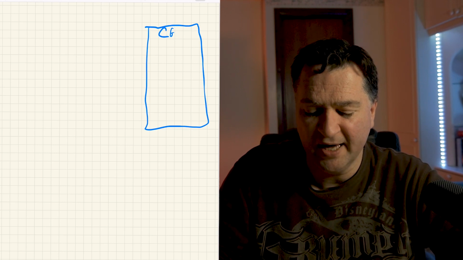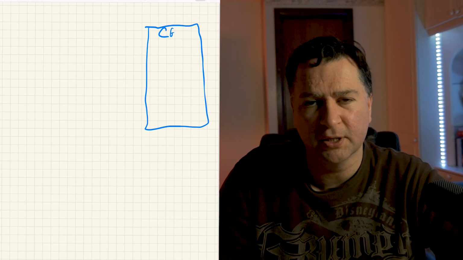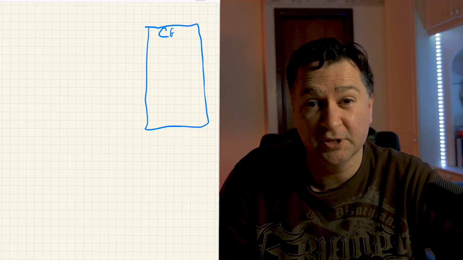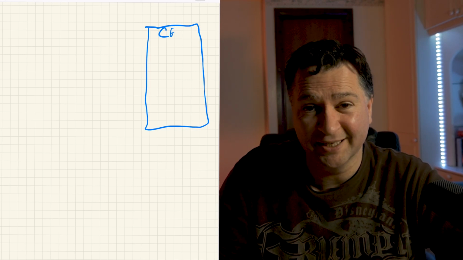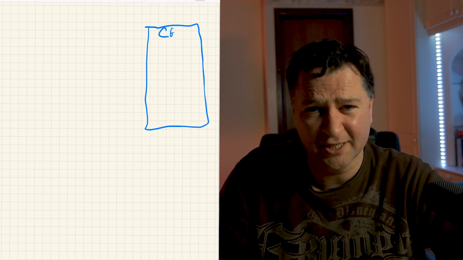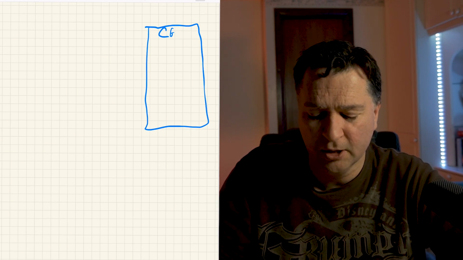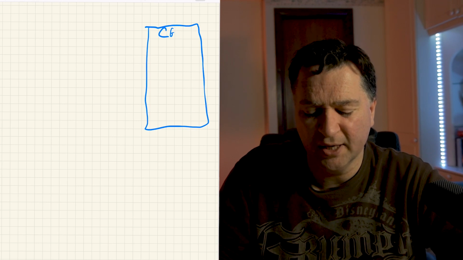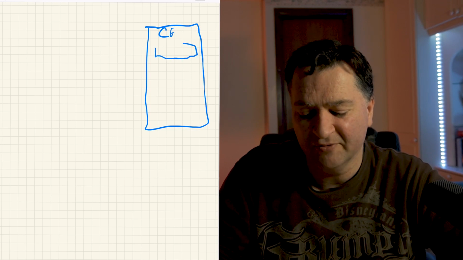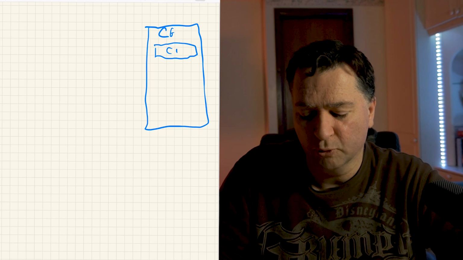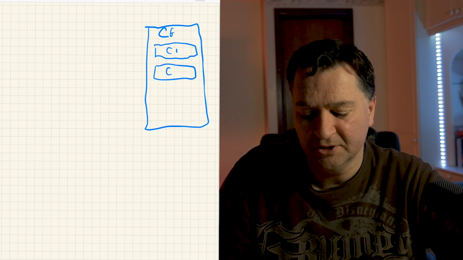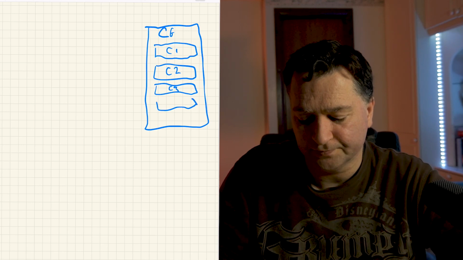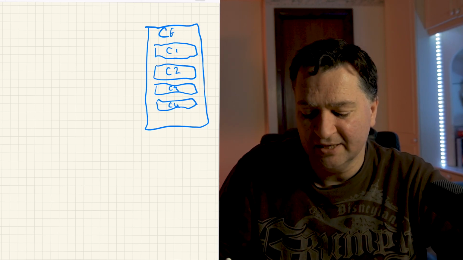So let's have a consumer group here, and it could be something that is processing bookings, or processing likes, or processing transactions, it doesn't really matter. And let's say I'm going to have 5 consumers within my group here. So we'll have C1, C2, C3, C4, and C5.